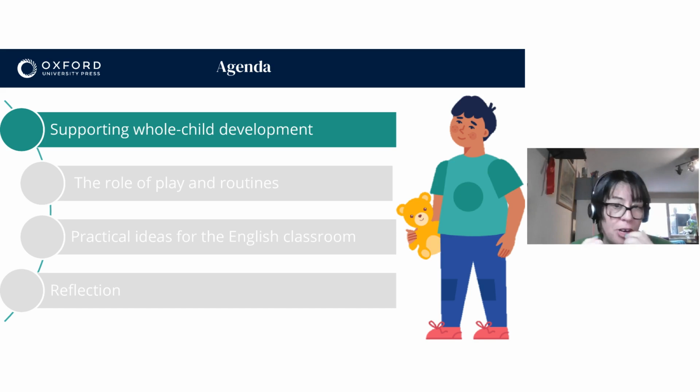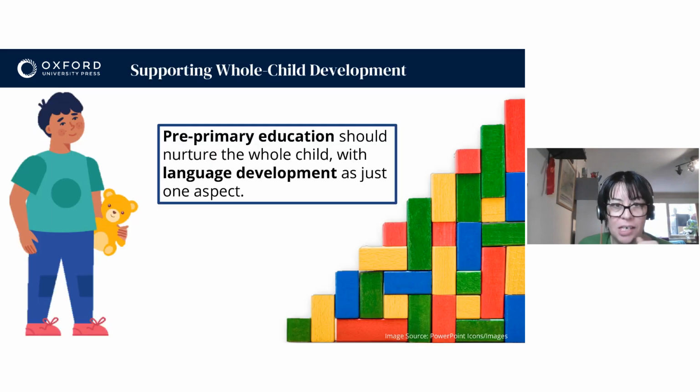In pre-primary, as educators, whether we are an English educator, a maths teacher, an arts and crafts teacher, or like I was, just a general kindergarten teacher, we are supporting the development of the whole child at the same time.